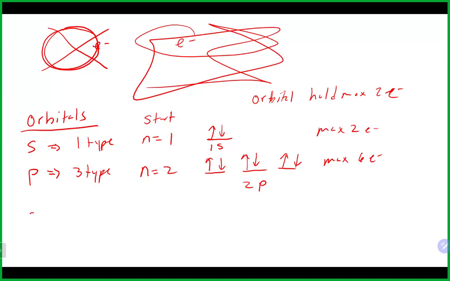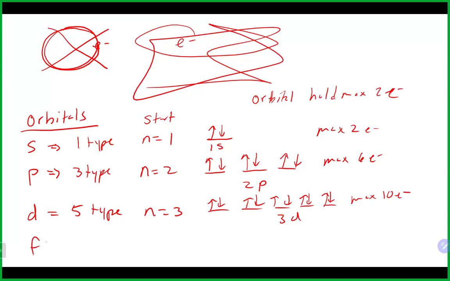Then there are d orbitals, and there are 5 different types of d orbitals. That begins on the third energy level. So 1, 2, 3, 4, 5. And this can then hold a maximum of 10 electrons if you fill them all up. Each of these lines would represent a different d orbital.